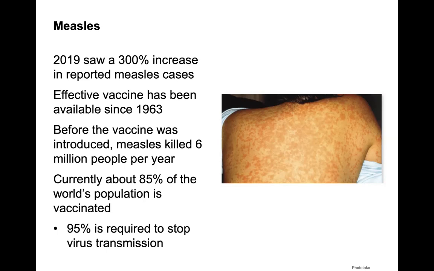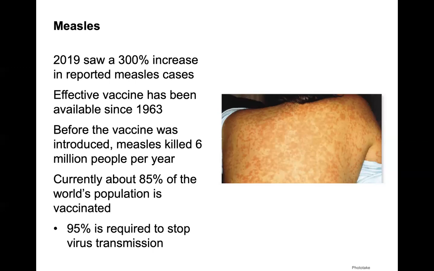The effective vaccine has been available since 1963, and this was almost eradicated, okay? Currently, about 85% of the world's population is vaccinated, and 95% is required to stop virus transmission. Before the vaccine was introduced in '63, measles killed almost 6 million people per year.